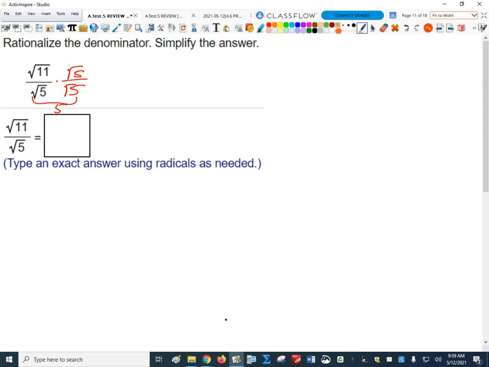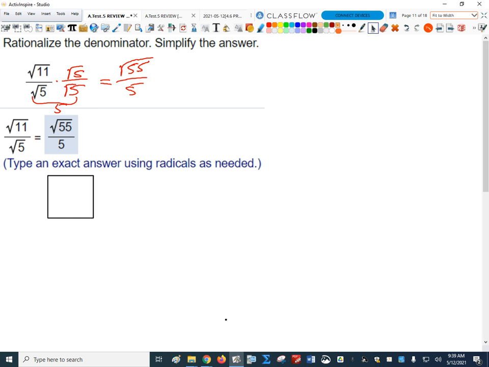On the bottom, multiplying a square root by itself just cancels the square root because that's the same thing as squaring it, right? So we're getting 5, and on the top, the square root of 11 times the square root of 5 just gives us the square root of 55. And there's no couples in that, obviously, because we know it breaks into an 11 and a 5, right? That's what the factor tree would look like. So there we go. Thumbs?